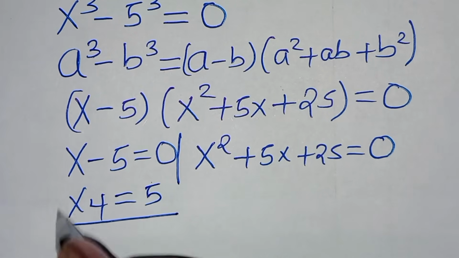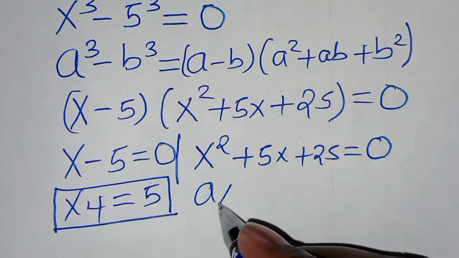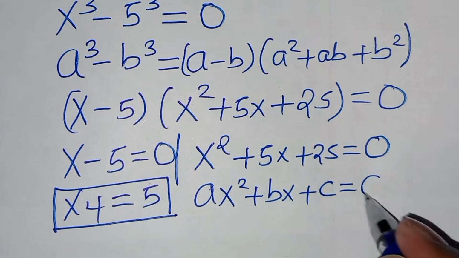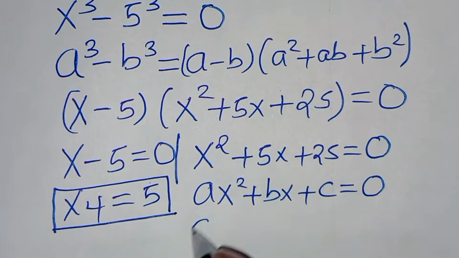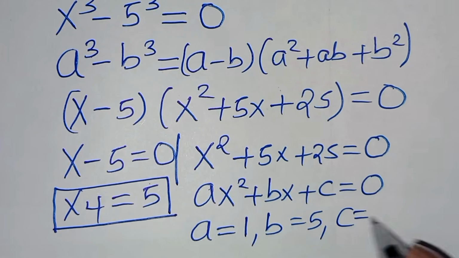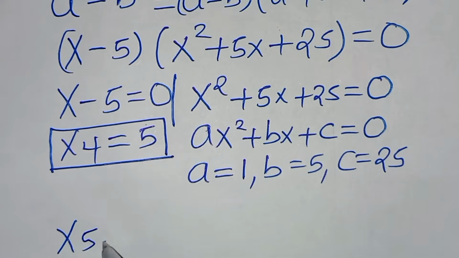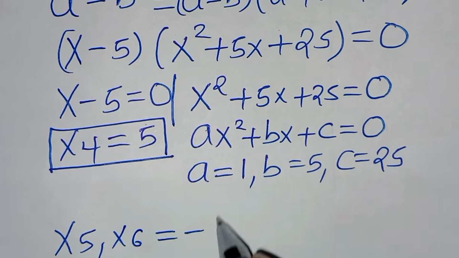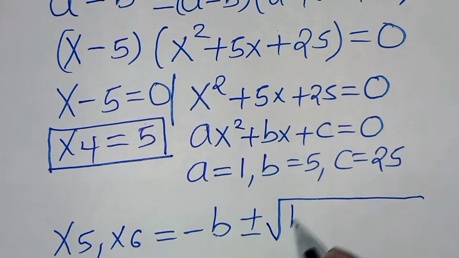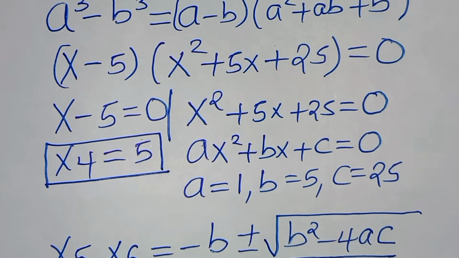Now the second part is a quadratic equation of the form ax squared plus bx plus c equal to 0, where a is equal to 1, b is equal to 5, and c is equal to 25. Applying the quadratic formula, x5, x6 is minus b plus or minus the square root of b squared minus 4 times a times c divided by 2 times a.